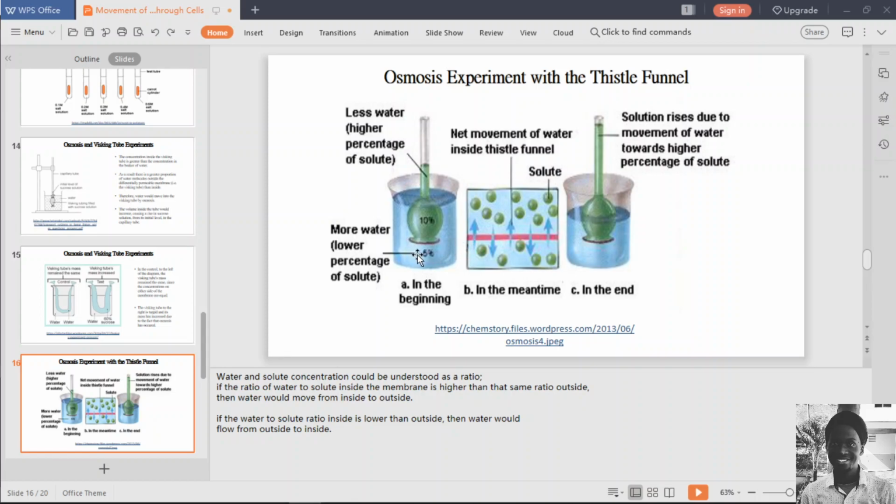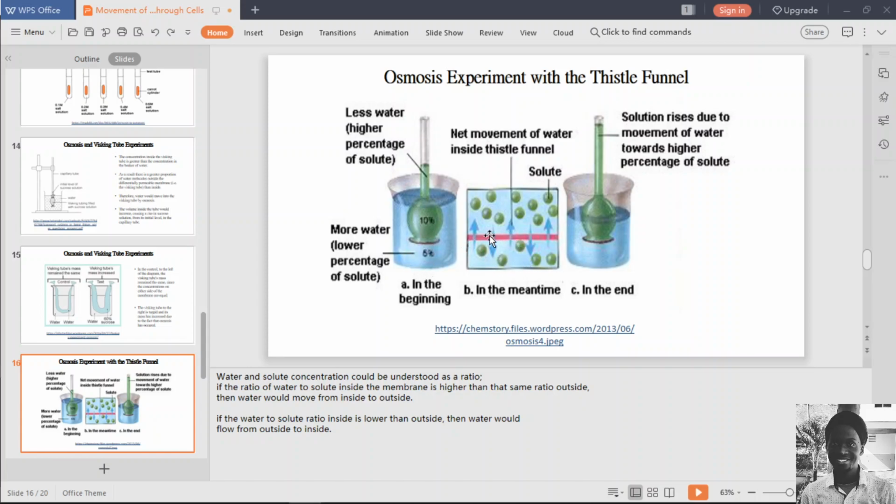Now water would cross a membrane that would be beneath the thistle funnel. So there would be a membrane beneath the thistle funnel that is differentially permeable. So it would allow water molecules to pass through, right? Up and down.